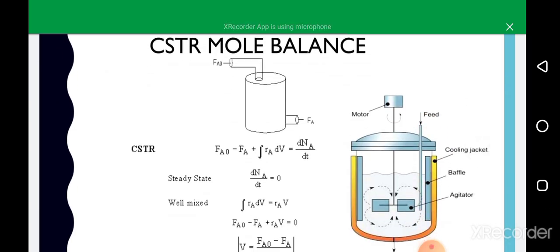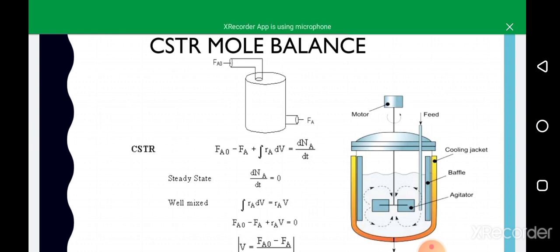Here we know that this is the CSTR mole balance. Now I am talking about the general mole balance of CSTR. The main function of a CSTR is agitation, meaning the mixing of material is very important, and it can also be used to increase conversion. The inlet and outlet of the CSTR could be open or closed.